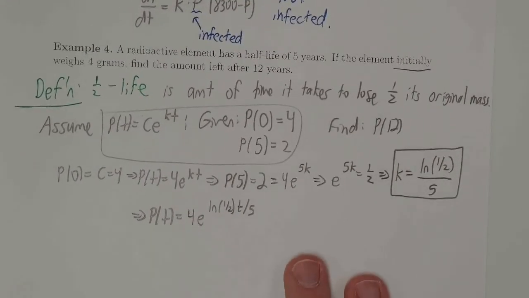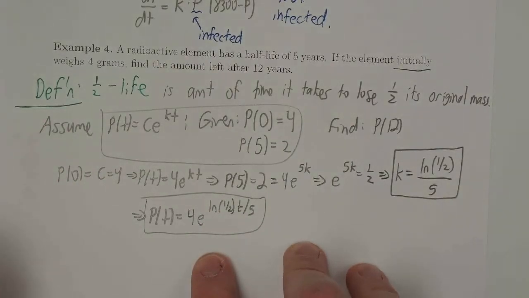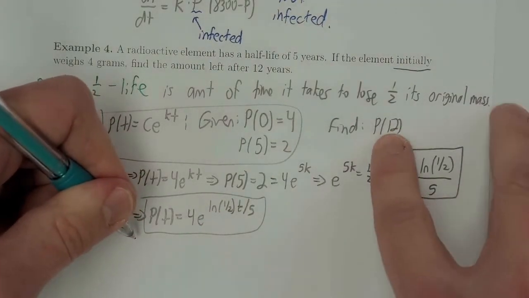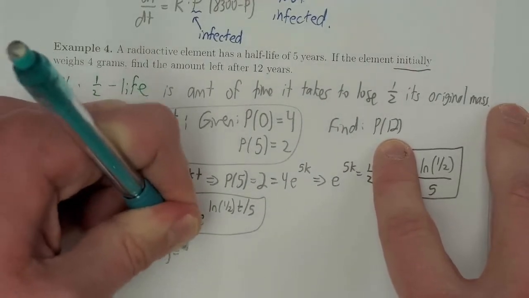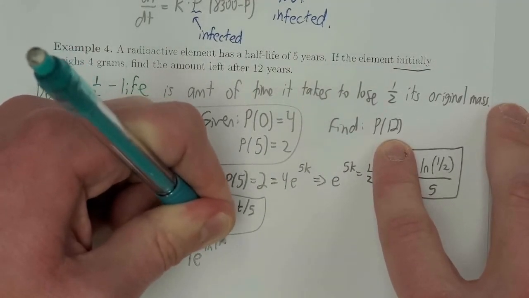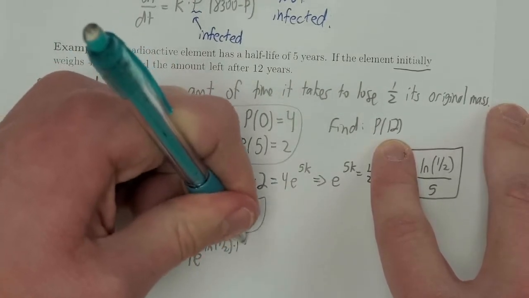Okay? So that's our P of t particular solution now. So now we just got to find P of 12. So let t equal 12 to get 4 times e to the natural log of 1/2 times t is 12 over 5.